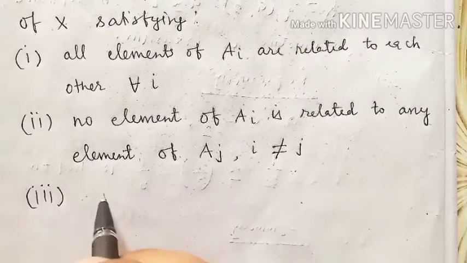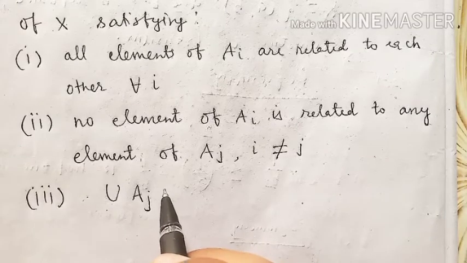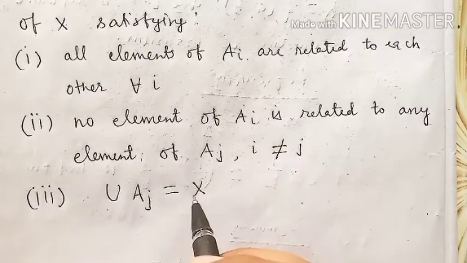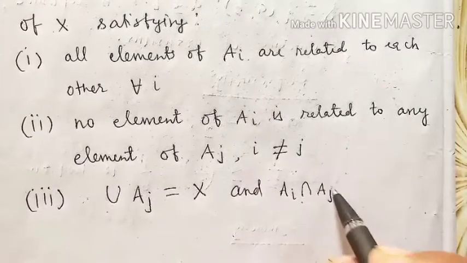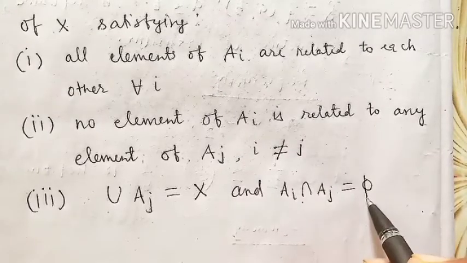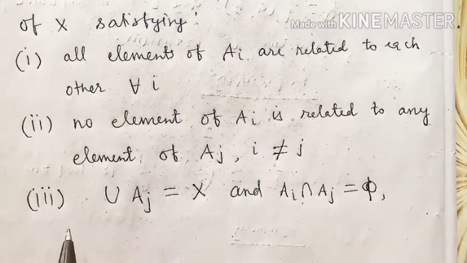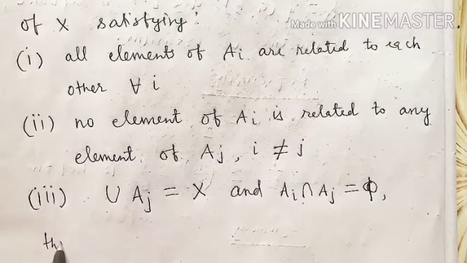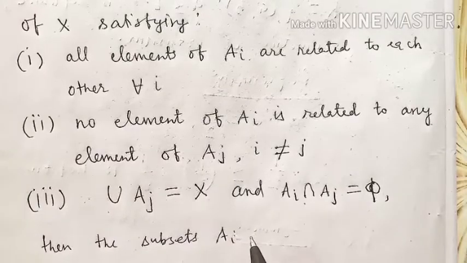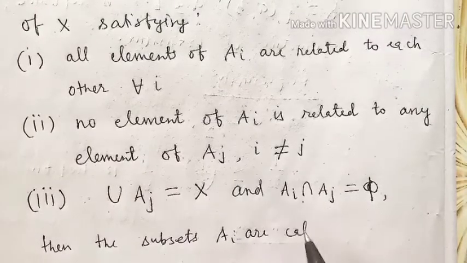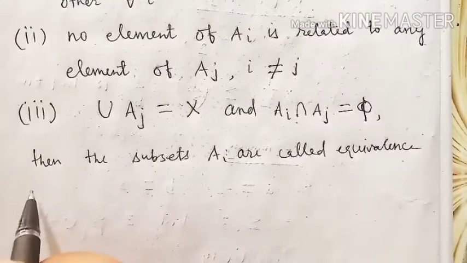Third one is union of A_j's, union of all partitions, all subsets is X, and intersection of A_i and A_j is equal to phi. Then the subsets A_i are called equivalence classes.